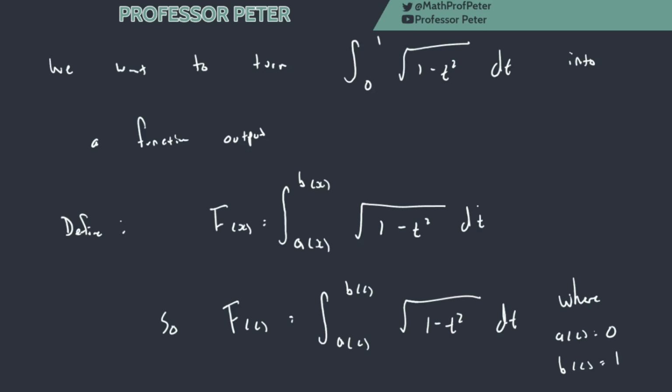So what we need to do is find 3 different things. We need to find 2 functions, one for a and one for b, and we need to find an input, c, where when you plug that into whatever functions we've picked, a and b, they give us 0 and 1 at the same time.